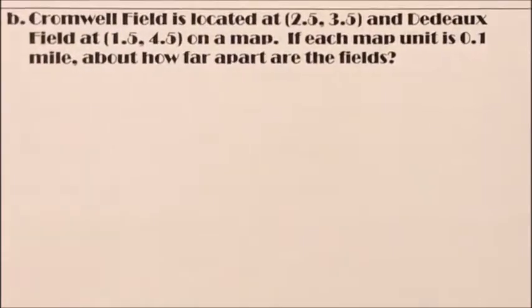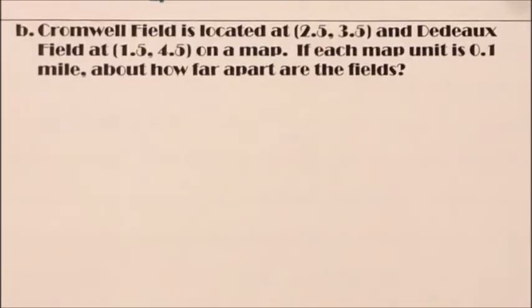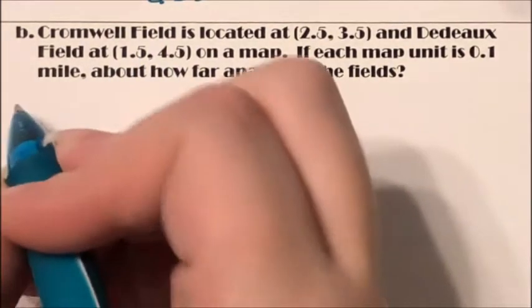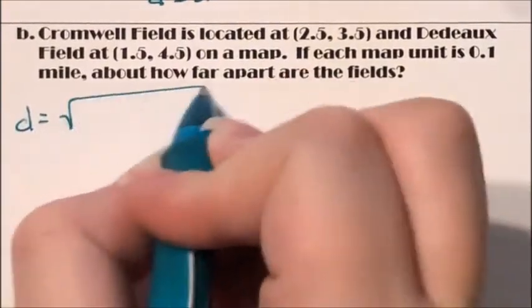Letter B, Cromwell Field is located at (2.5, 3.5), and Doodle Field at (1.5, 4.5) on a map. If each map unit is 0.1 mile, about how far apart are the fields? So the first step I'm going to do is find the distance. And I'm going to go ahead and use the distance formula.